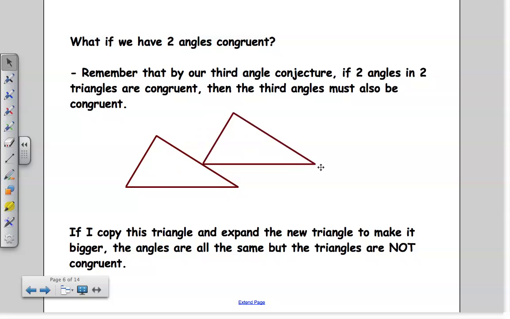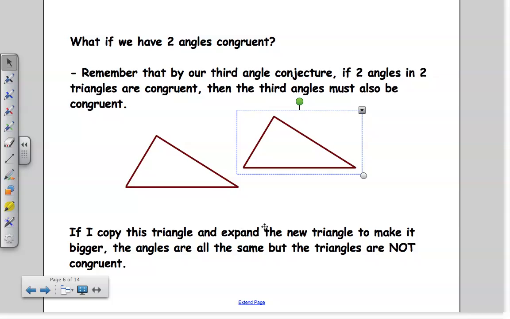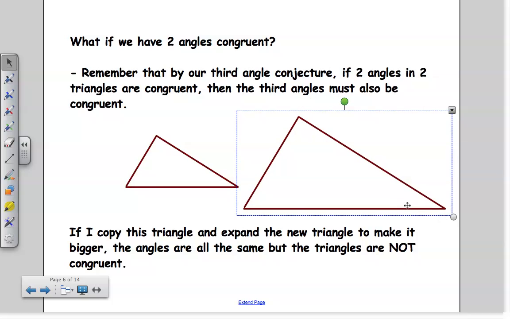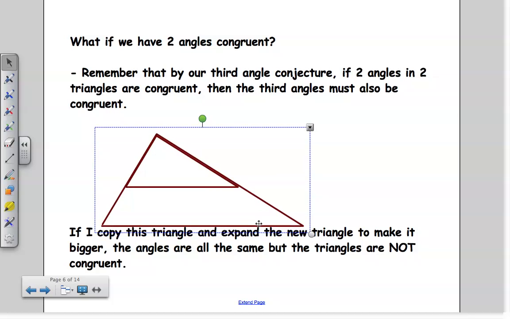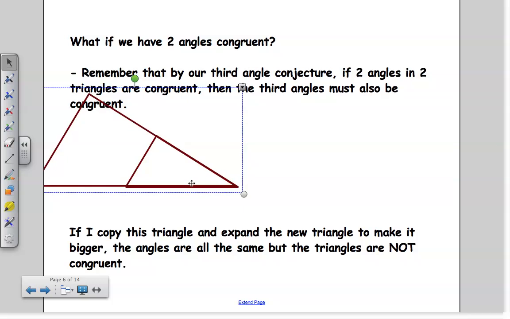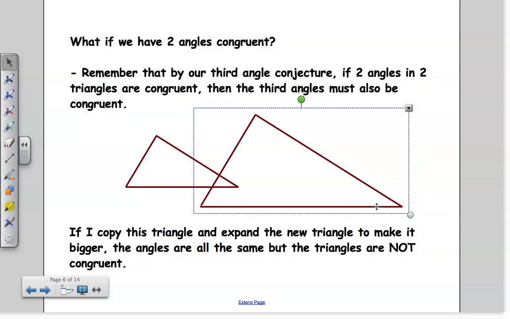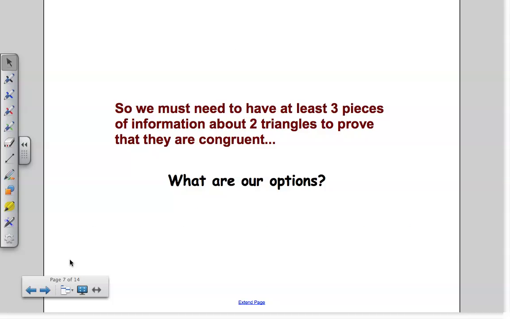Right now, yes, they're congruent and all the angles are congruent, but if I grab this corner and make it larger or smaller, check it out, the angles are still the same size. However, obviously the triangles are not congruent because one's larger than the other. So having two angles congruent, which actually means three angles congruent, is still not enough. Three angles, you could have different size triangles. These triangles are actually similar. We'll have a whole chapter on similarity, but they're not congruent.